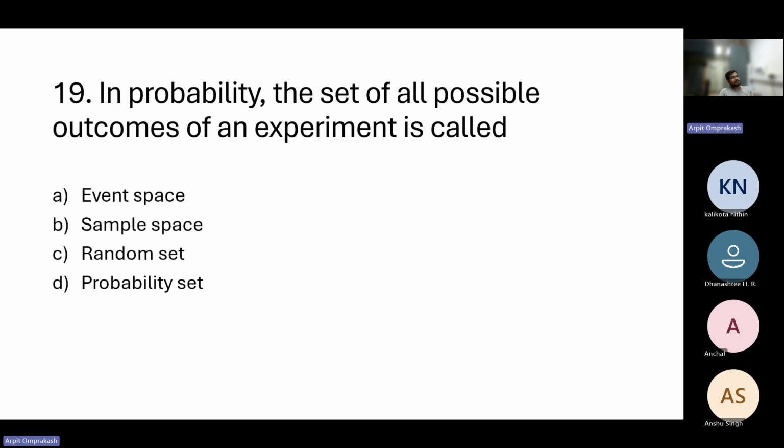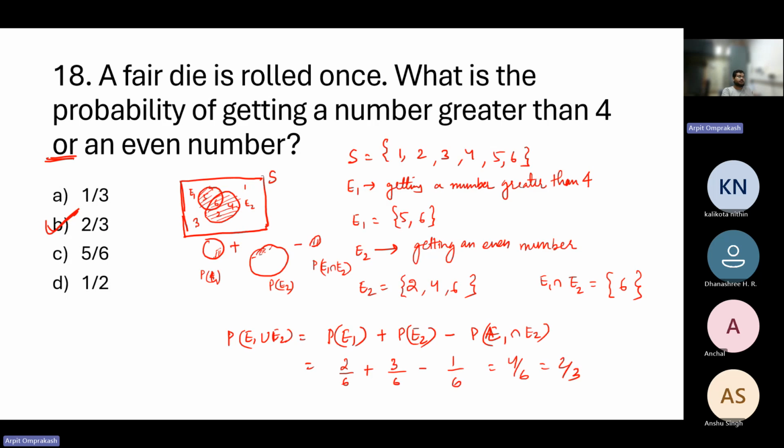In probability, the set of all possible outcomes of an experiment is called, so we know the answer is B, sample space. So event space is basically when you have some event that you are seeing. So for example, here E1 is the event of getting a number greater than 4, our event space is 5 and 6, because those are the observations.